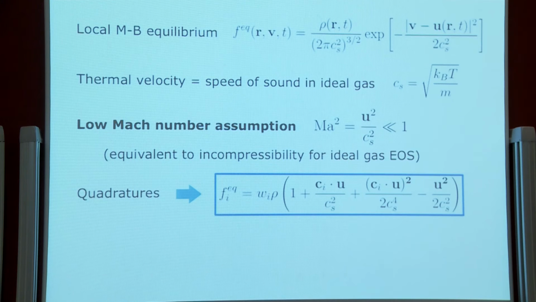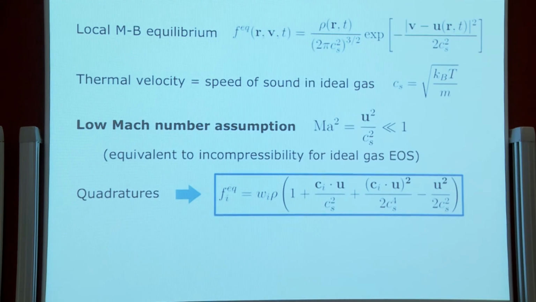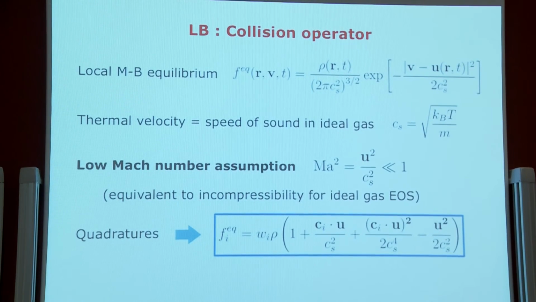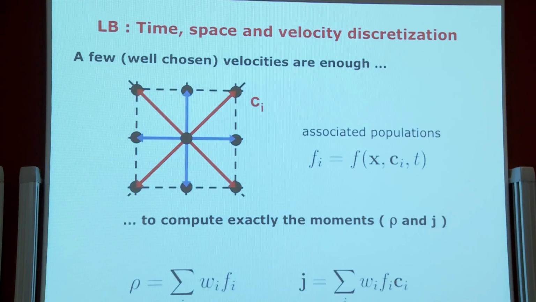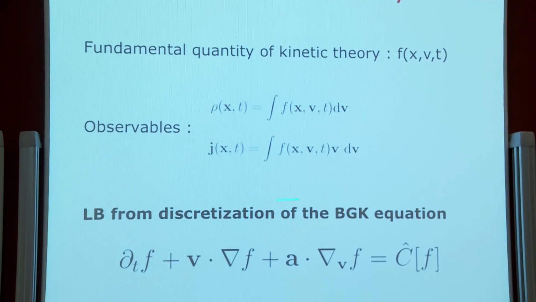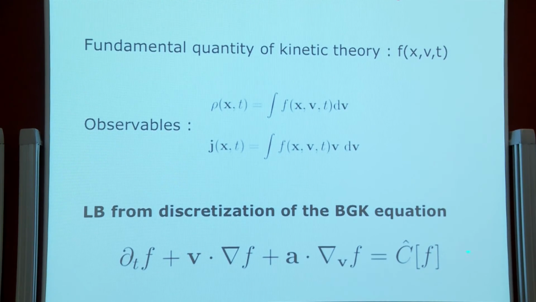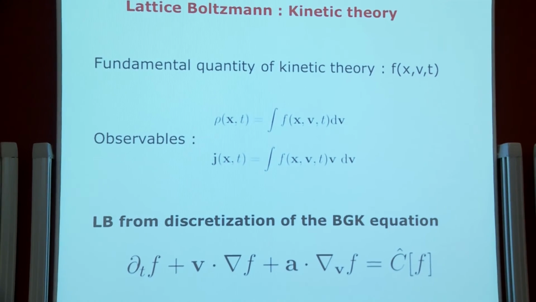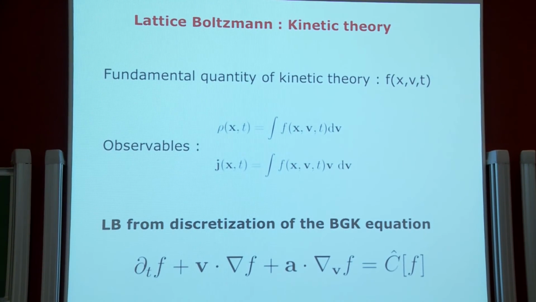And to do that, you need to simplify the BGK collision operator a little bit, because here you're dealing with equilibrium distribution functions that have a Gaussian distribution in them. In the end, you want to have something very simple to compute the moments directly.